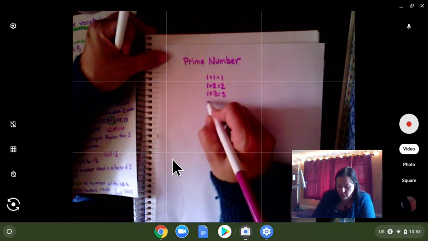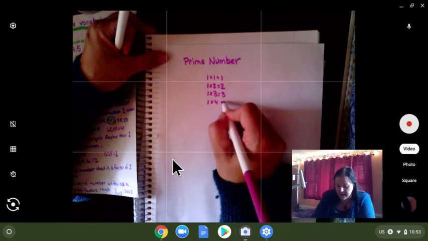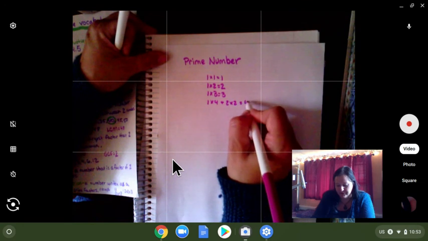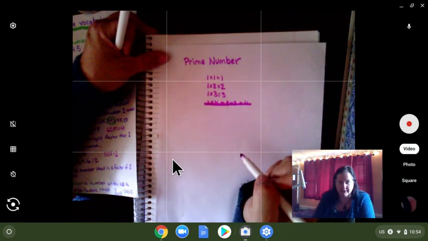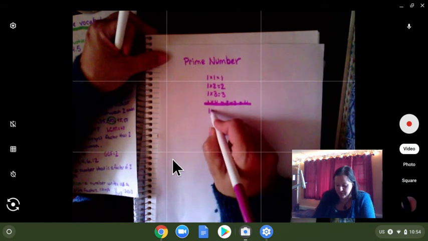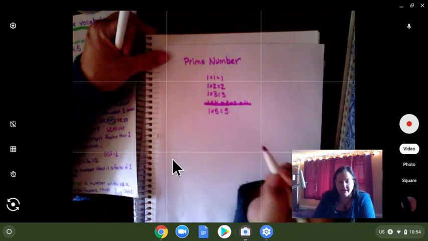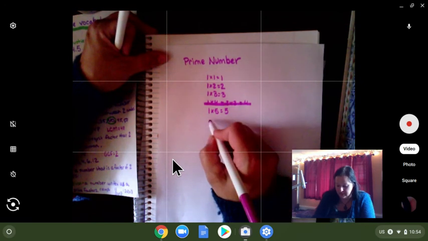When we get to 4, we have 1 times 4 and we have 2 times 2 equaling 4. So that is not a prime number, sorry. Then we have 5, 1 times 5 is the only way to make 5, so that is prime.